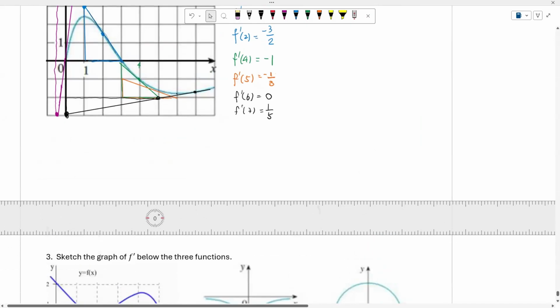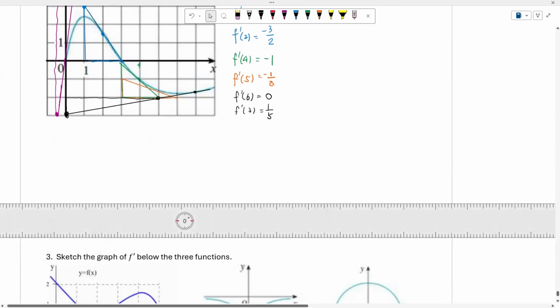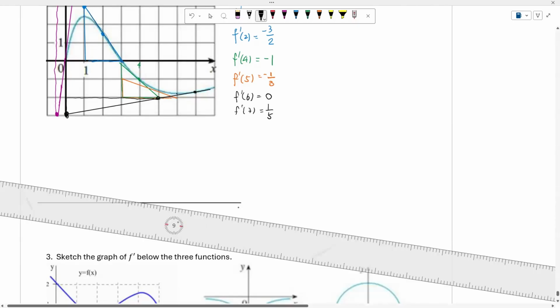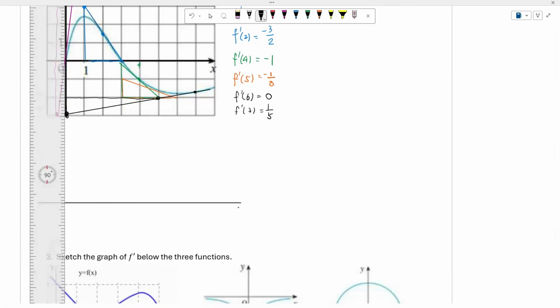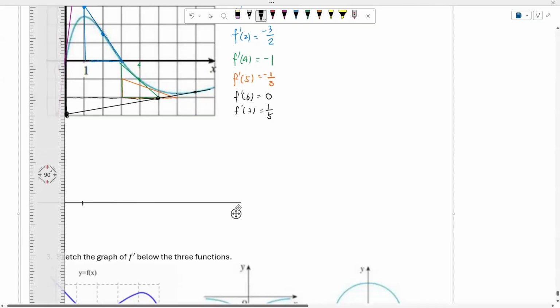Okay, now let's see how we actually graph the functions. 1, 2, 3, 4, 5, 6, 7, and 8.